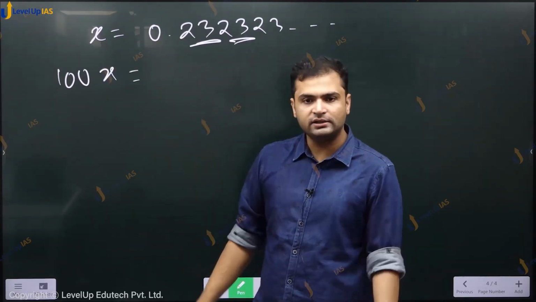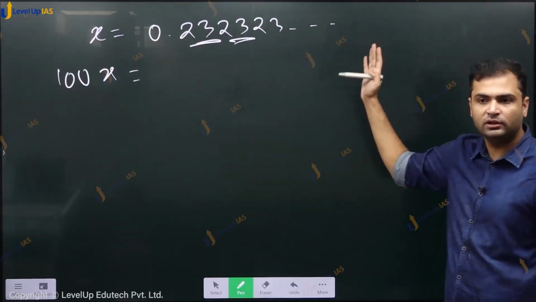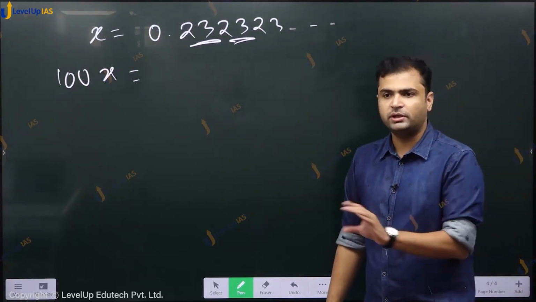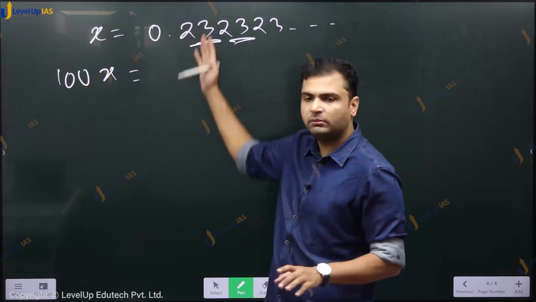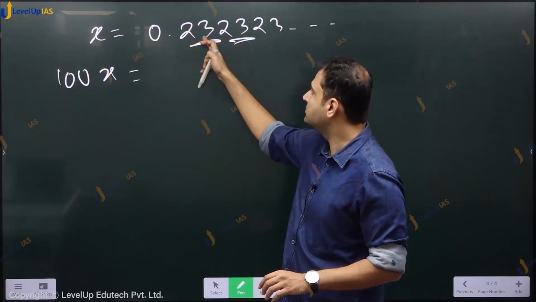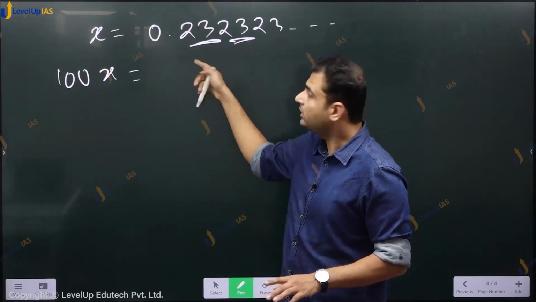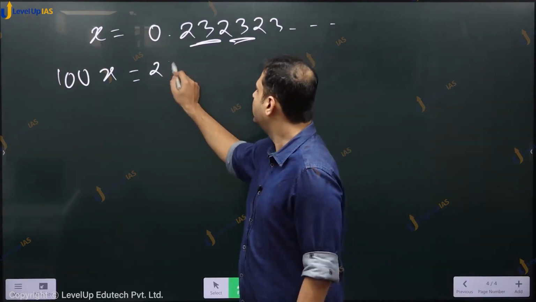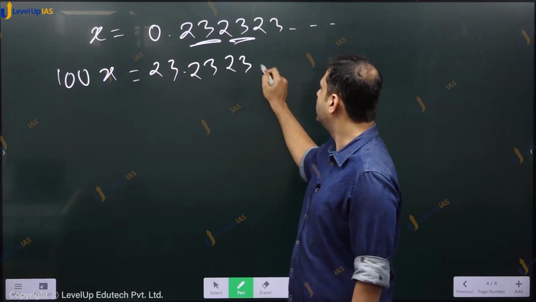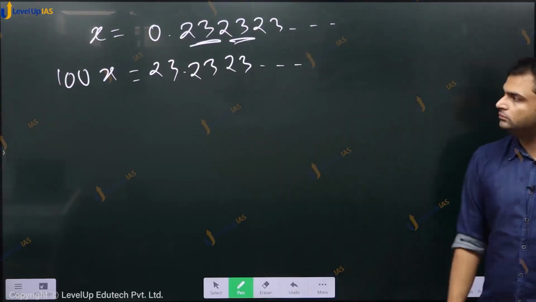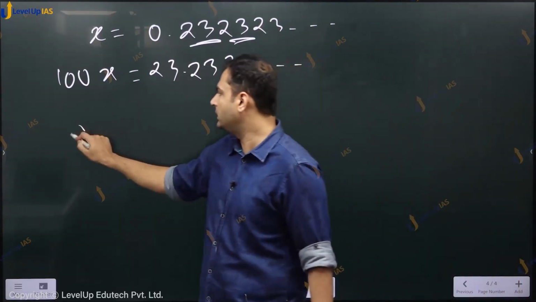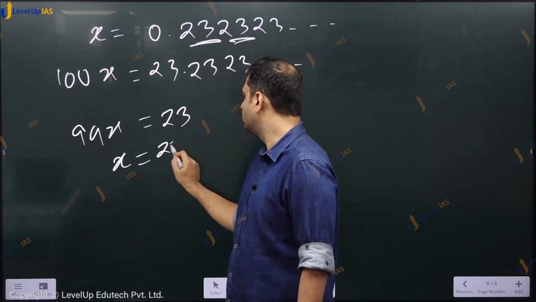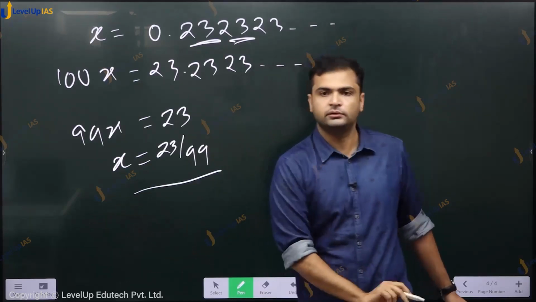Again, the core idea is that I have to get the same numbers after the decimal point so that I can subtract. The main idea is to subtract, so if I multiply it by only 10, I will get 2.323232 after the decimal point, but here we have 232323. That is why I have to multiply by 100. I'll get 23.2323 and so on till infinity. Now I subtract and I'll get 99x is equal to 23. So x is equal to 23 by 99.